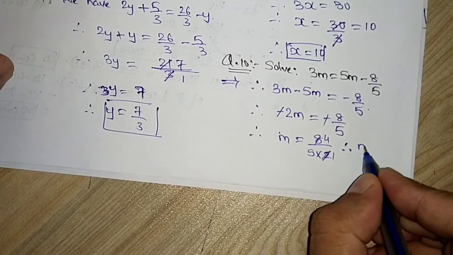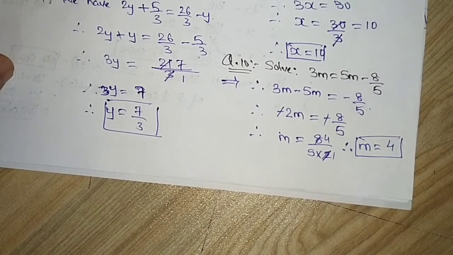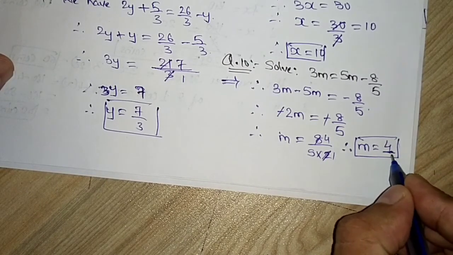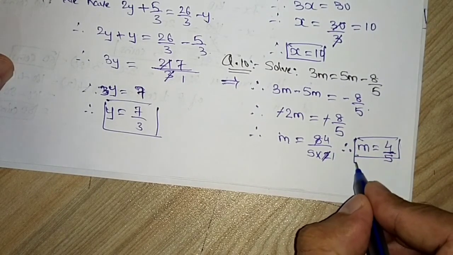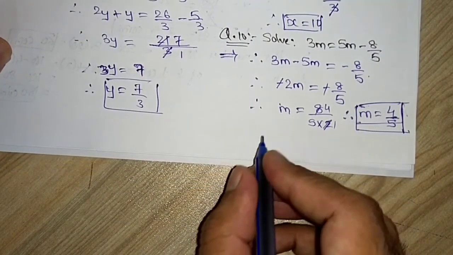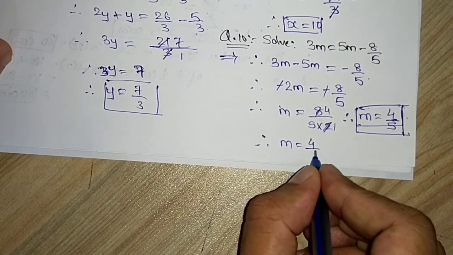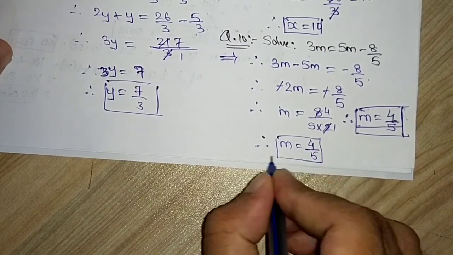Therefore we will get m is equal to 4. Sorry, 4 divided by 5, students. I have forgotten this 5. So our answer is, let me write here: m is equal to 4 divided by 5.